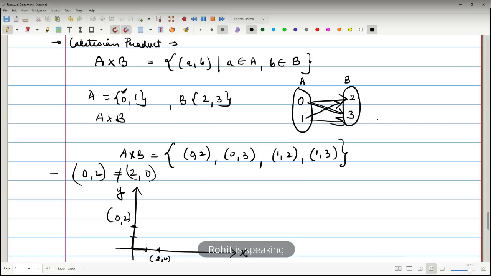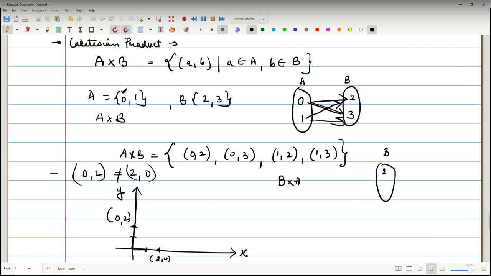So here it says A is equal to {0, 1}. So 0 is the first element, 1 is the second, and that is how we build the Cartesian product. If I said to find the Cartesian product of B cross A, then the scenario will be different.